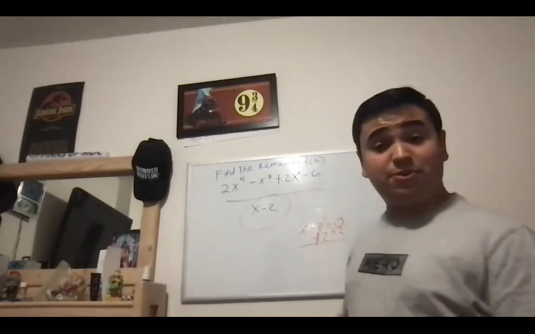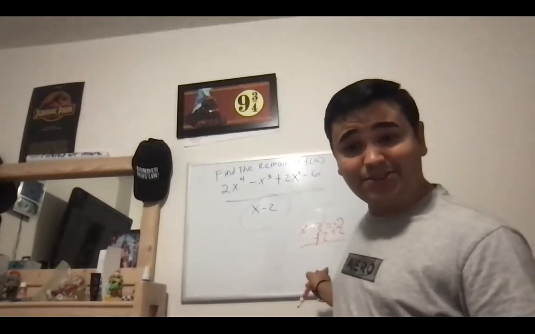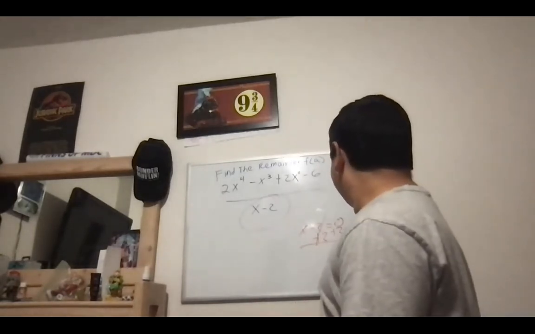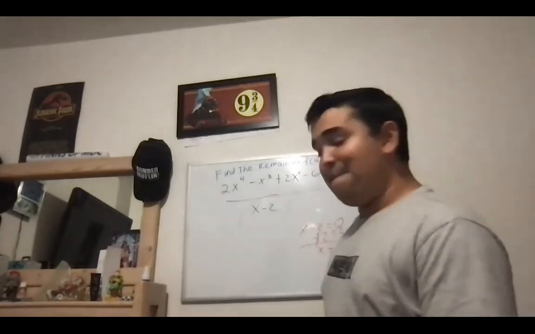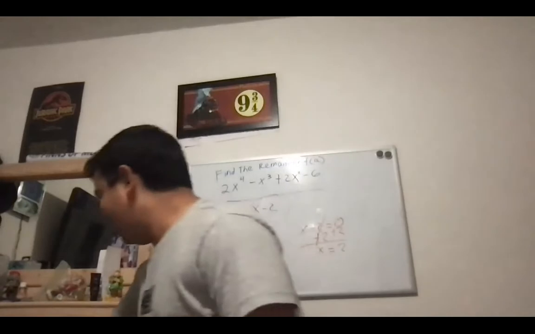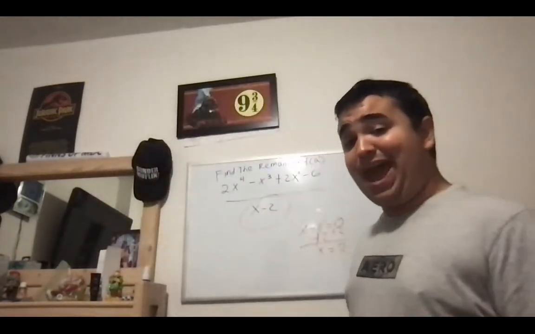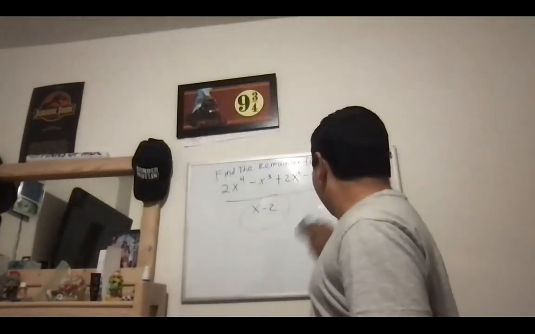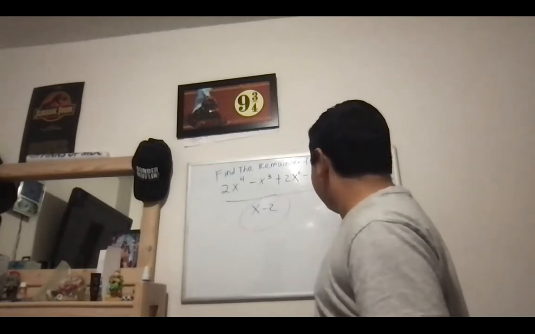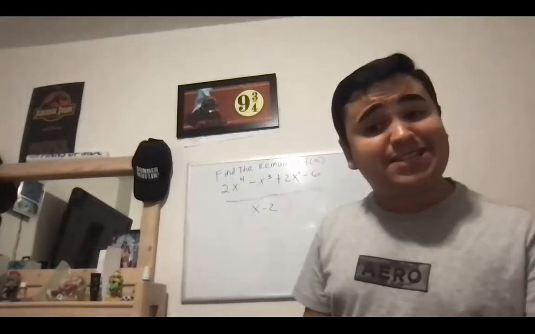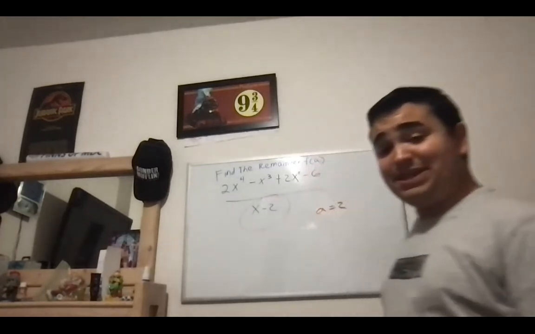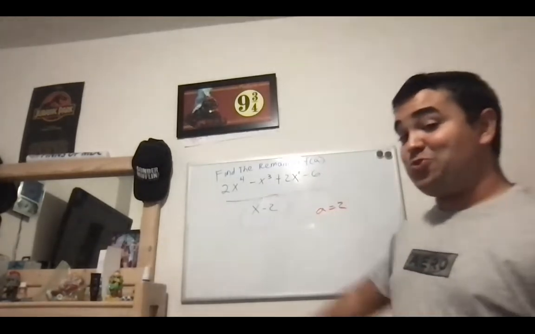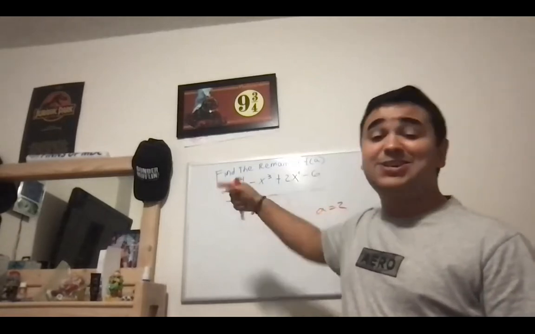Remember, whatever you do to the left-hand side, you must do to the right-hand side as well. We have a result that x equals 2. That 2 is essentially going to be your a. I know it was listed as x, but that 2 is going to be listed as a equals 2, which you will therefore evaluate in our dividend to find your remainder.